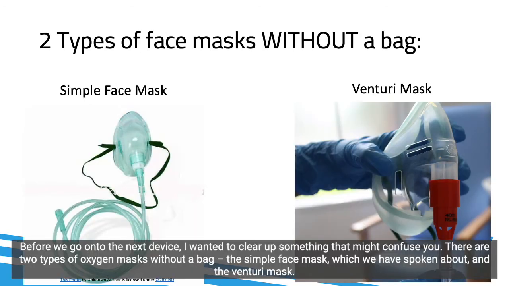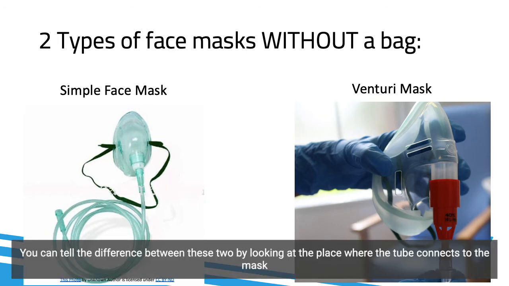Before we go on to the next device, I wanted to clear up something that might confuse you. There are two types of oxygen masks without a bag. The simple face mask, which we have spoken about, and the Venturi mask. You can tell the difference between these two by looking at the place where the tube connects to the mask.